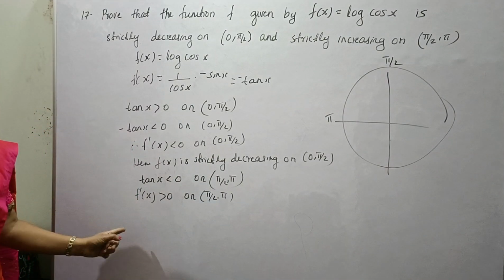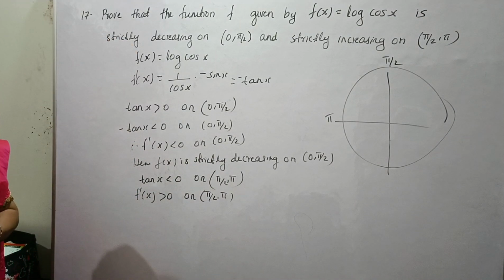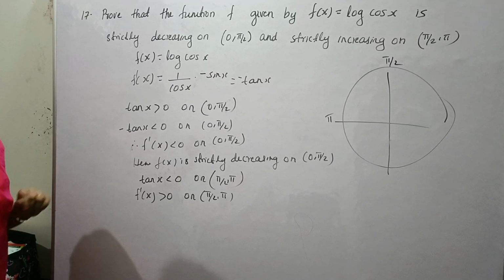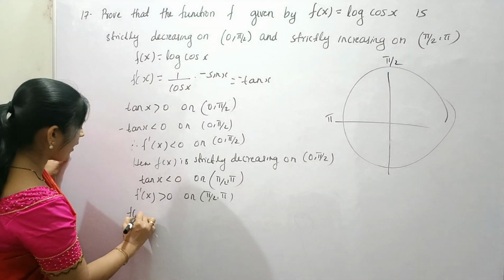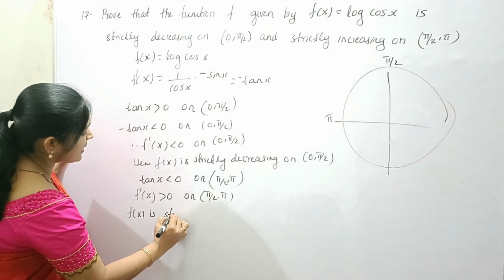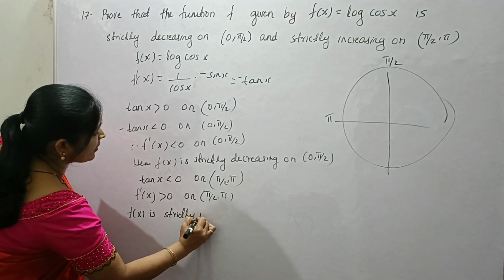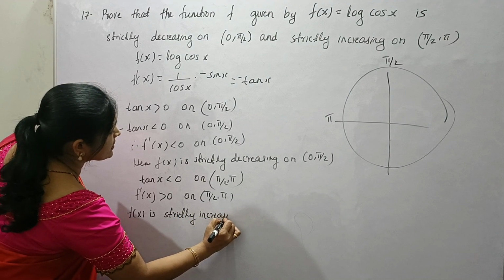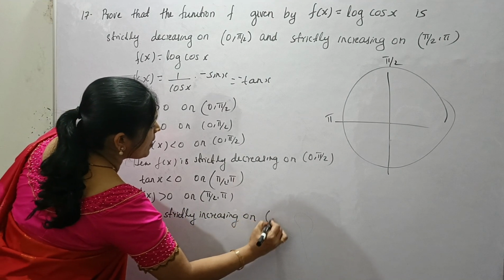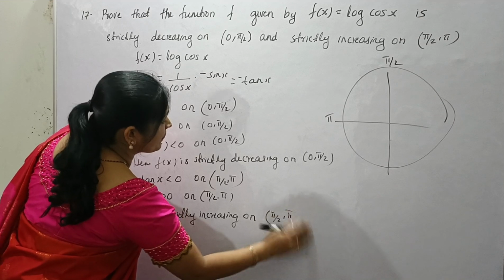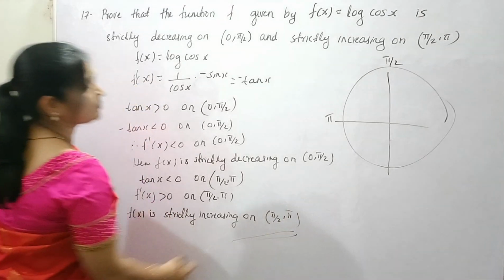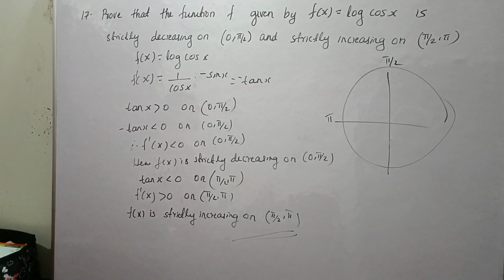Since f dash of x is greater than 0, the given function f of x is strictly increasing on pi by 2 to pi. Hence it is proved.